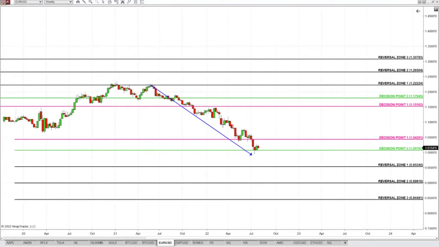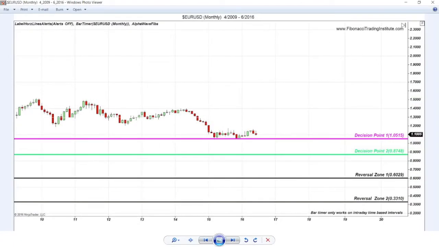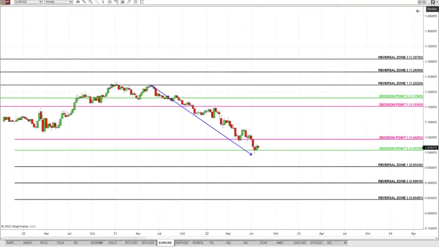If I show you euro, my goodness, it's a terrifying chart from 2016. 105 is out, 87 cents to follow. Critical key level on euro now. But you knew this years and years ahead.